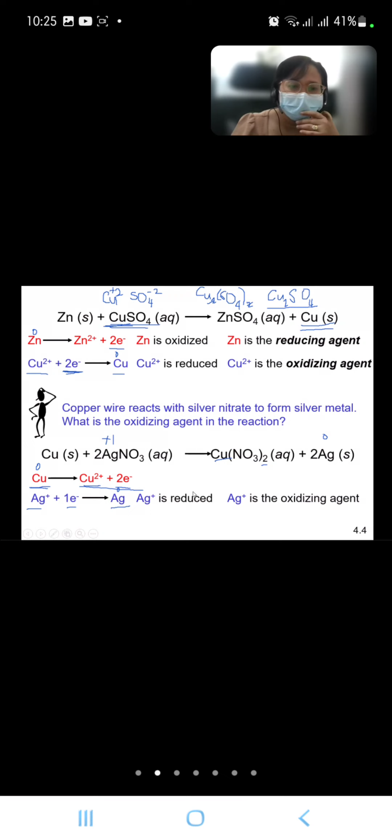Copper is losing electron, therefore, copper undergoes oxidation. It undergoes oxidation, but it also causes silver to reduce. So copper is our reducing agent. Do you understand?